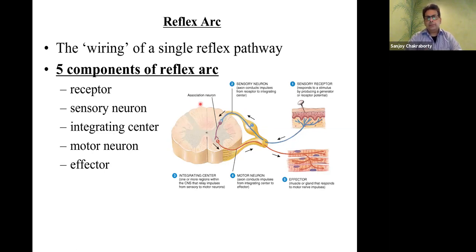This side of the spinal cord is the posterior or the dorsal side. This side of the spinal cord is the anterior or the ventral side. 100% of the time, meaning all the time, the sensory neuron goes into the spinal cord from the back door, from the dorsal side. So the sensory neuron will come in from the dorsal side, and the motor neuron will exit from the ventral side.